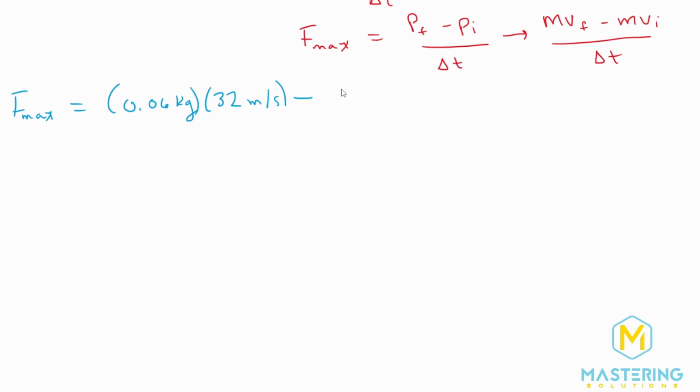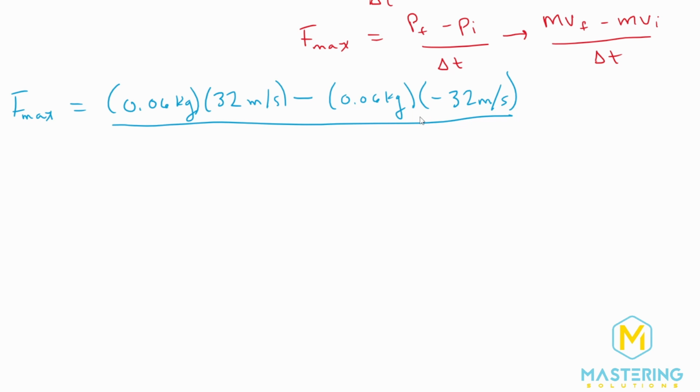Then we're going to minus 0.06 kilograms times a negative 32 meters per second. So this is where the picture saves us, because if you don't do that, you'll get the incorrect answer. We're going to divide the whole thing by the change in time, which we said was 4 milliseconds, 4 times 10 to the negative 3 seconds.